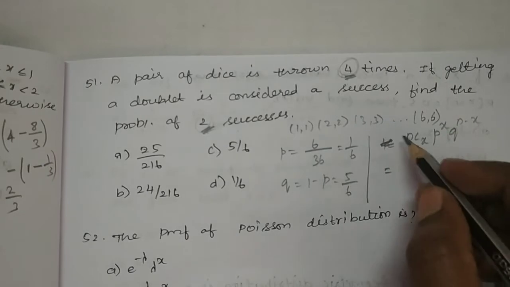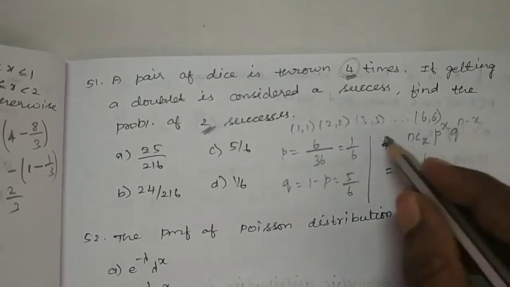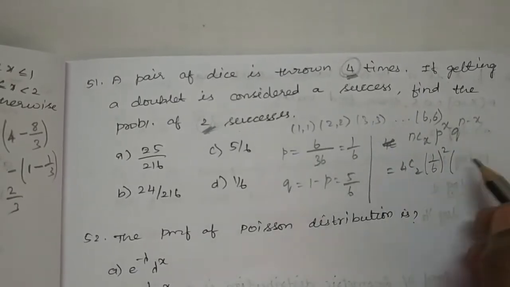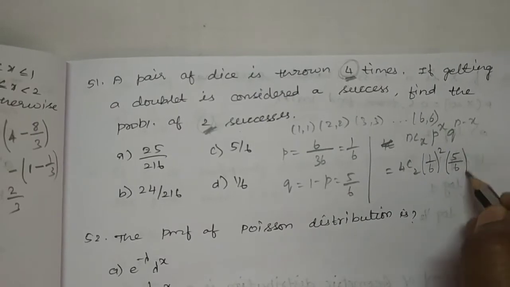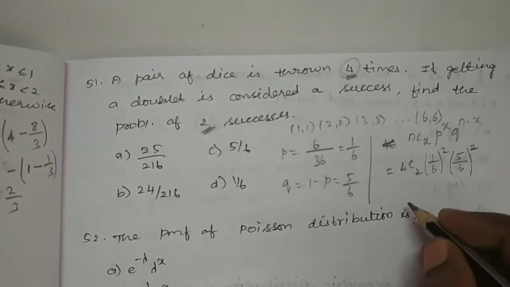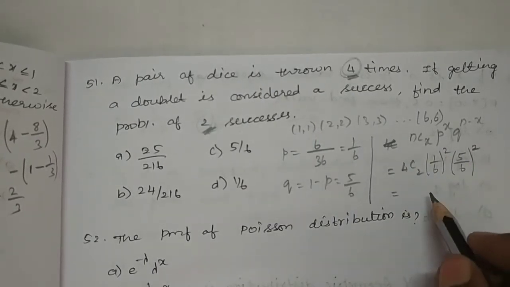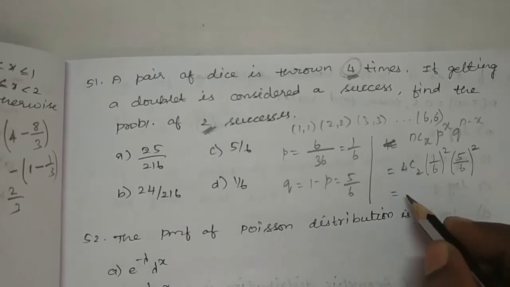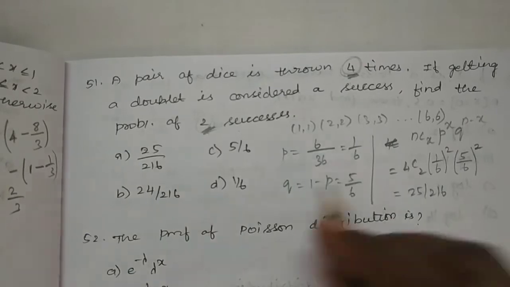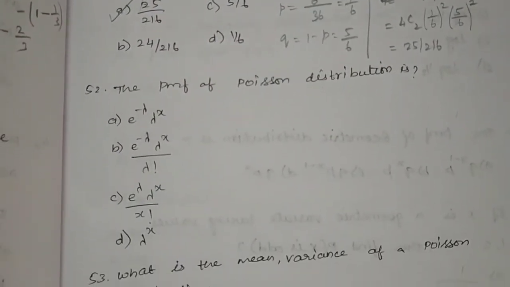So it is 4C2, P value is 1 by 6 power 2, then Q value is 5 by 6 power 4 minus 2, which is also 2. Use the calculator and simplify this. Here the answer is 25 by 216. I am writing the answer directly; you use the calculator and check whether the answer is correct or not.